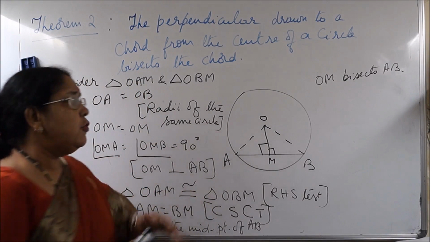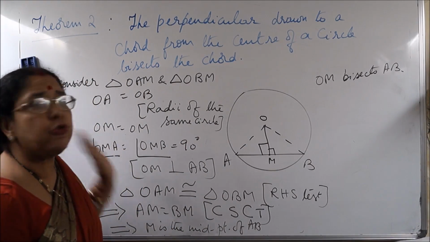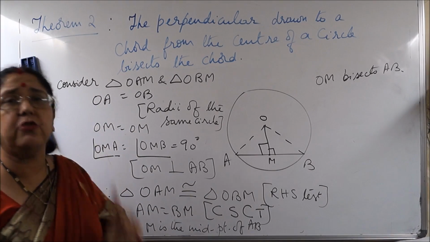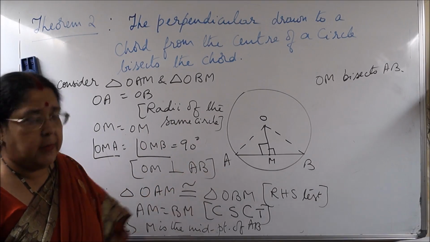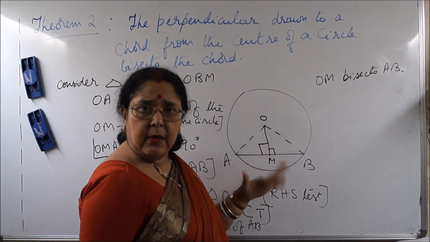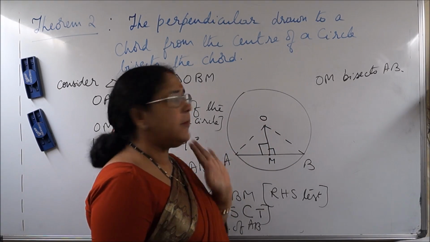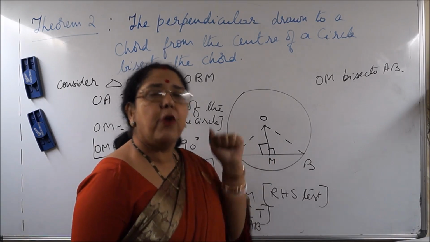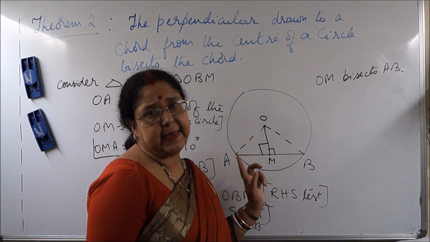Means you must be very careful which theorem to be used. What you know, according to the given conditions, you will have to use the theorem while applying it in solving other problems. Suppose you already know that this particular line, a given line in the question, is perpendicular and from the center it is drawn and is perpendicular to a chord, then you automatically can conclude that it also bisects the chord.